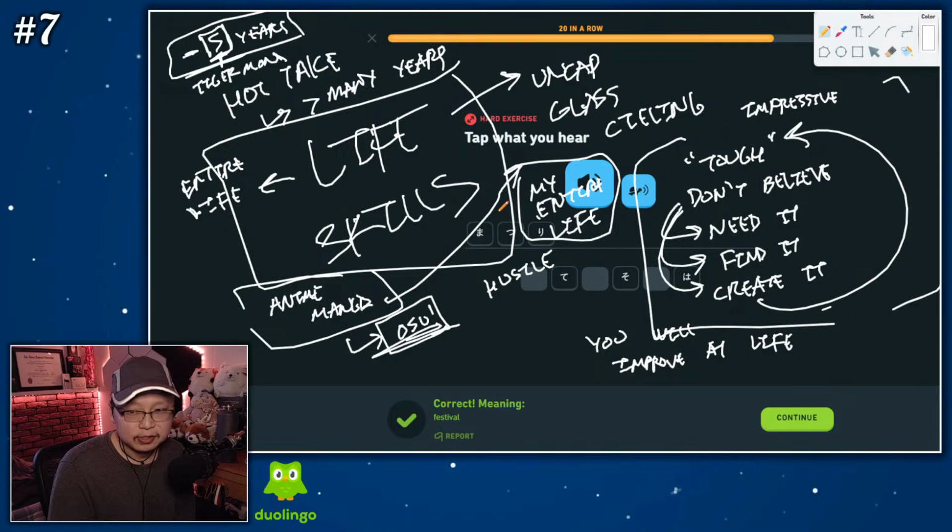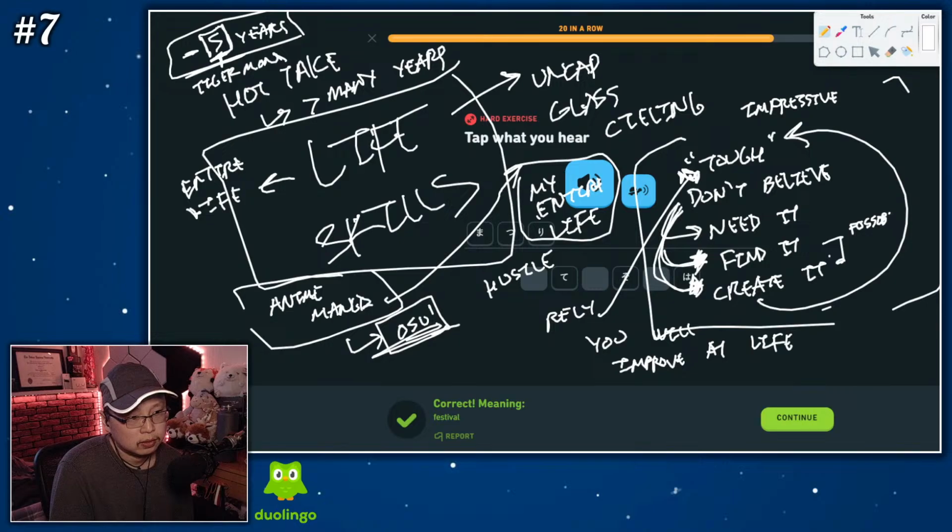So the idea is enjoy doing something that doesn't necessarily rely on other people. And it's going to be tough. When it's too tough, find it or create it. Because these are the things you can possibly control.